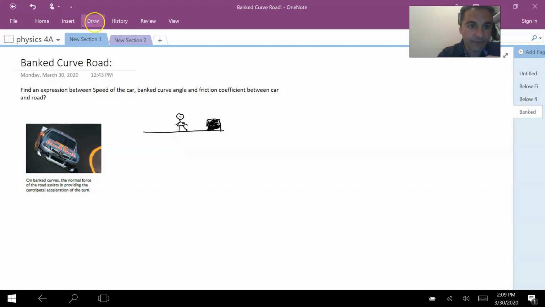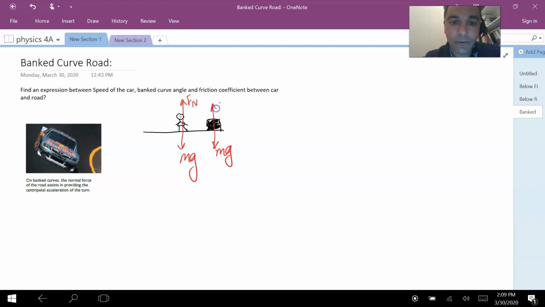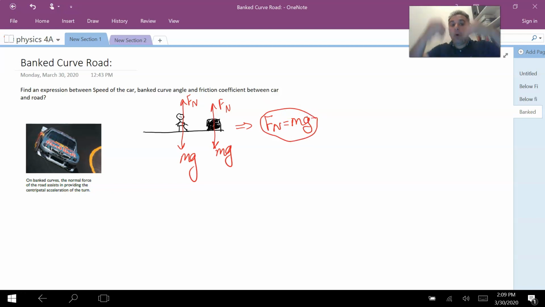One force is mg, which is always down, correct? One force is mg, the force of weight. And the second force, of course, is what? Fn, or normal force. In this situation, of course, Fn is equal to mg. Why? Because there is no motion on the y-axis. So there is no acceleration on the y-axis. Therefore, of course, Fn becomes equal to mg.